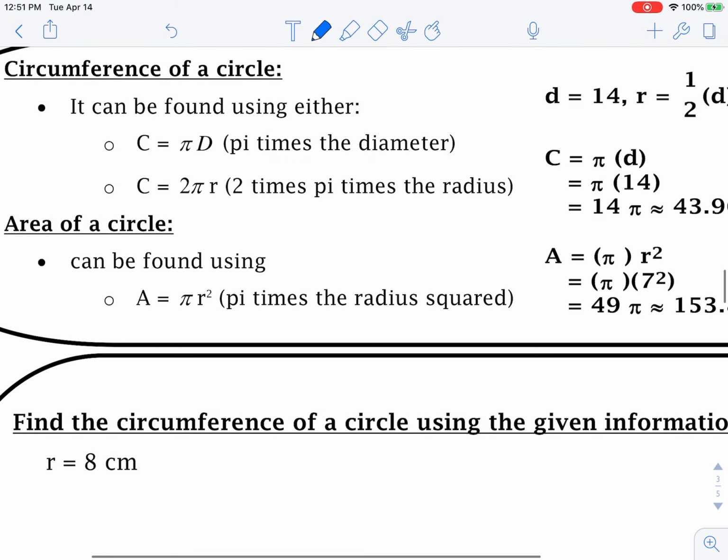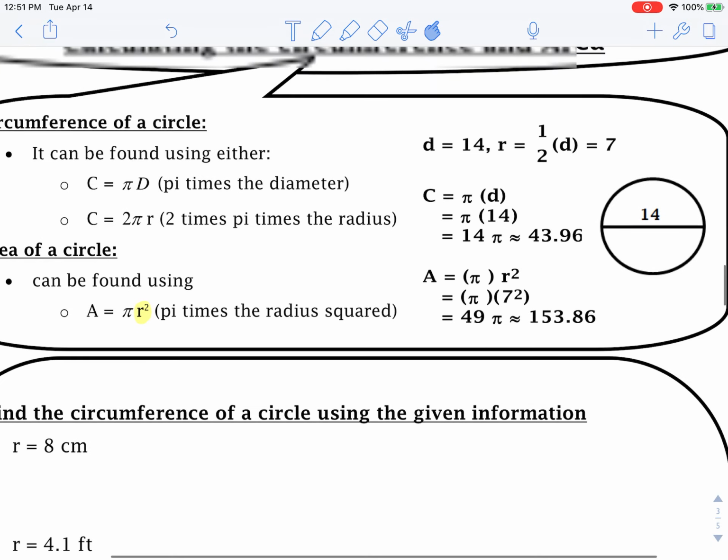The area uses only the radius. It cannot be found from the diameter. You must use the radius. And the area is pi r squared. So some examples. If you're given the diameter of 14, find the circumference and the area. Circumference, we need to either use pi times the diameter or 2 pi r.